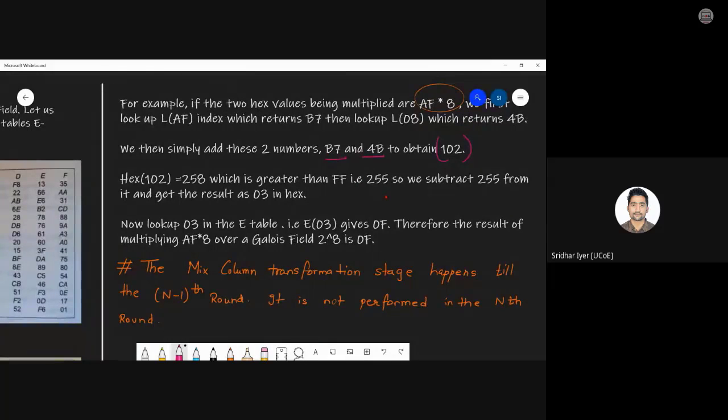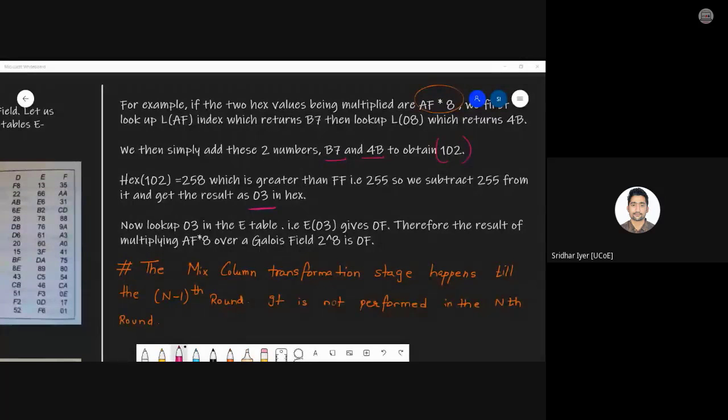So we will get the value as 03. Yes or no? Because 258 will not satisfy my Galois field equation. So I have to subtract 255 from it so that the value remains well within the Galois field conditions. So it becomes 03 in hex.